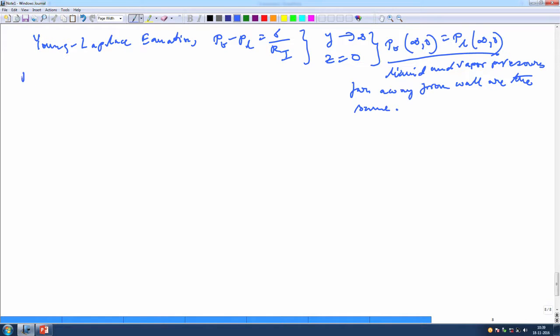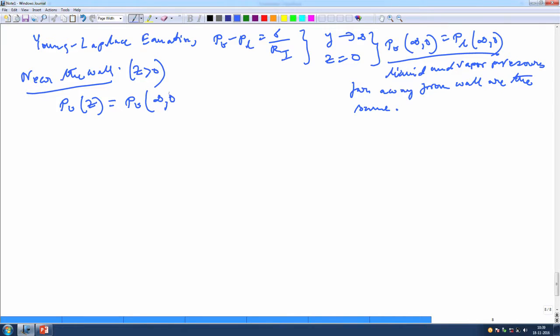Now, let us look near the wall. That was far away from the wall. So, near the wall, what happens? Near the wall means z just greater than 0, that means along the wall. z is the upward axis. In this case, P_V(z) must be equal to P_V(infinity, 0) minus rho_V g z, the hydrostatic head.